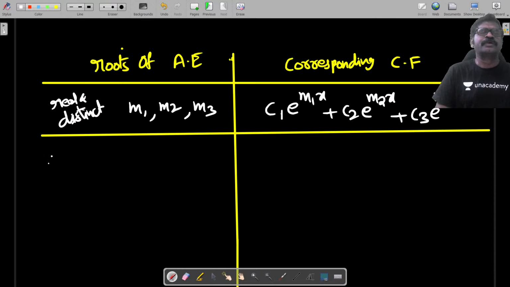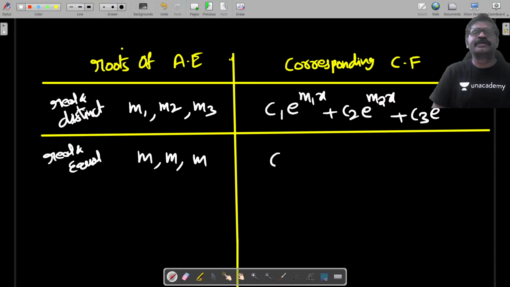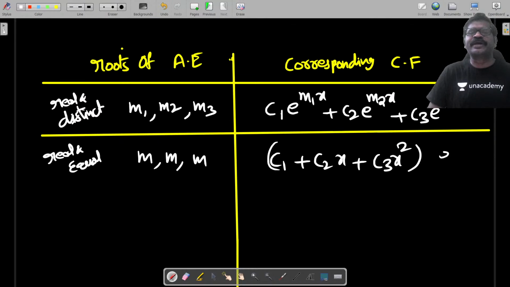Now roots are real and equal, m, then the complementary function is c1 plus c2x plus c3x square, of e power mx.